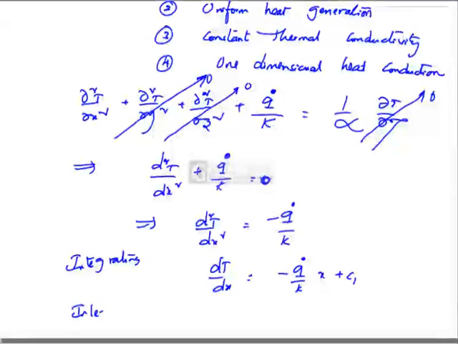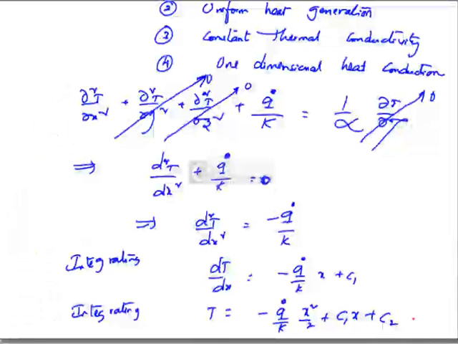Again integrating, we get T is equal to minus Q dot by K into x square by 2 plus C1x plus C2. C1 and C2 are constants of integration that are to be obtained or calculated from the boundary conditions.